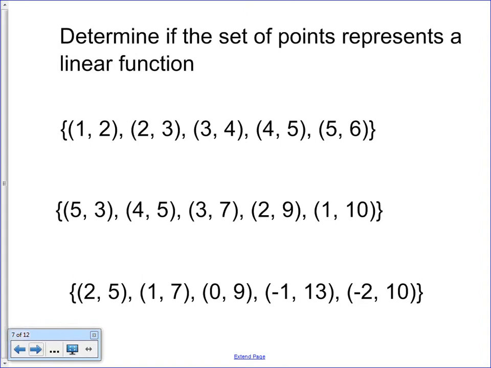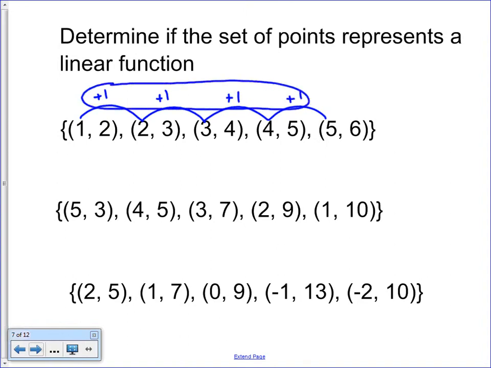What you do is, first off, look at the x values. 1 to 2 to 3 to 4 to 5. Notice how those all go up 1, or you add 1 each time for the x values. So those make a nice pattern all the way through. Let's take a look at the y values. We go from 2 to 3 to 4 to 5 to 6.